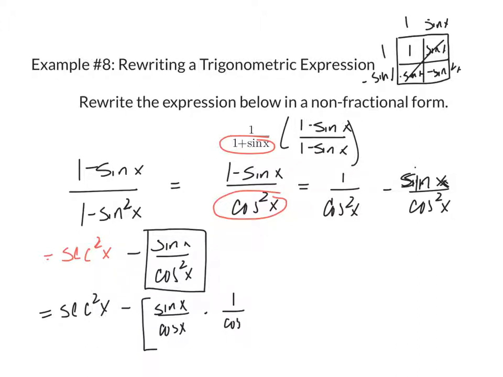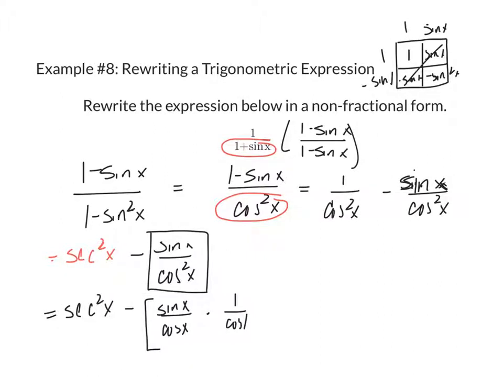That's how we get the cosine squared x in the denominator. All right, so then from there, sine over cosine we know is tangent, and then 1 over cosine is secant. So as a final answer, you will get secant squared x minus tangent x secant x.